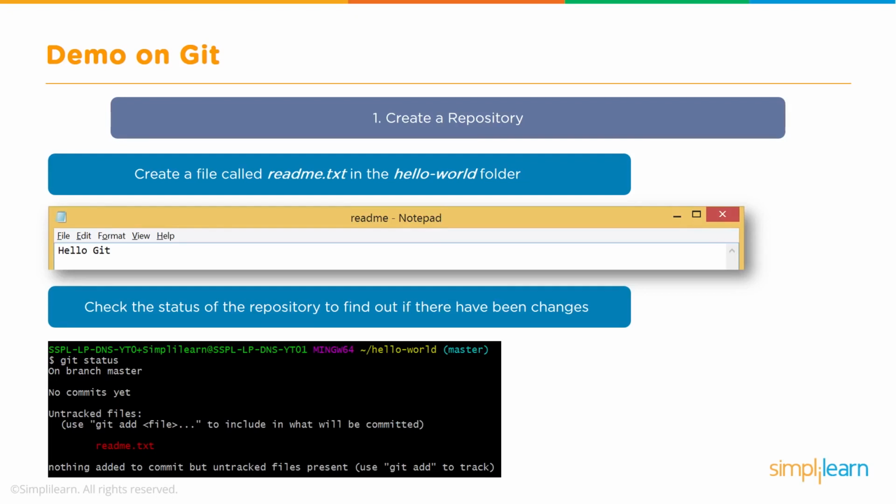What's interesting is if I run the git status command, what it'll actually show me is that this file has not yet been added to the commits for this project. So even though the file is actually in the folder, it doesn't mean that it's actually part of the project.